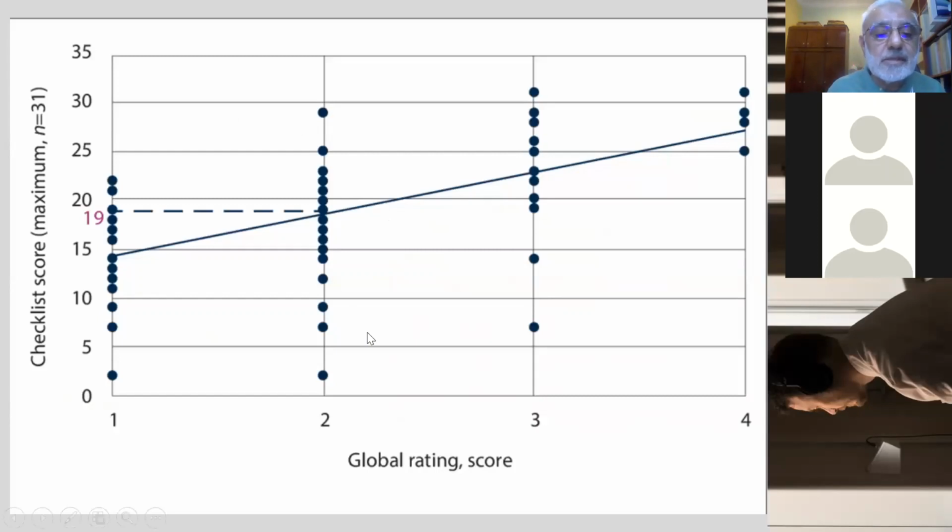So for example, in this case, the passing score can be 19, although your schedule may be lower or higher than this. So this is a good way of really getting a reasonable marking approach.